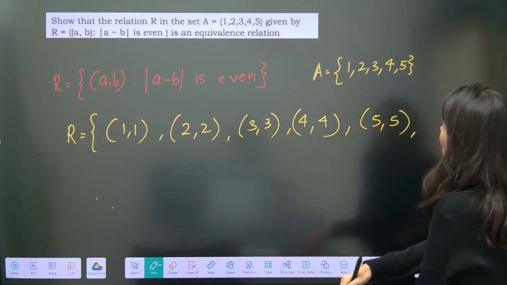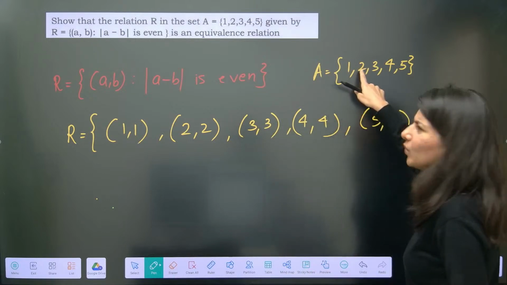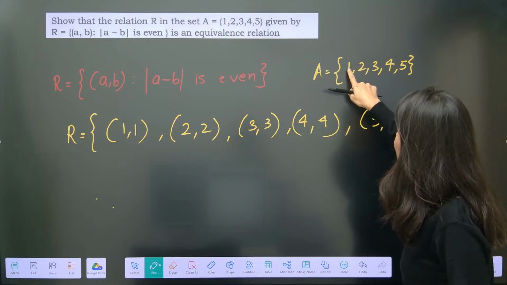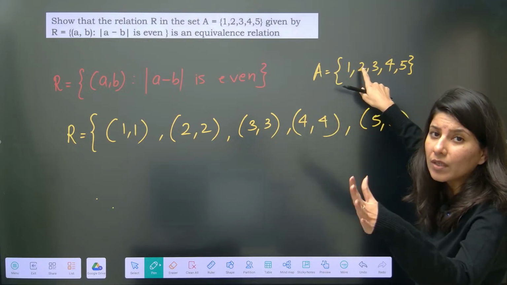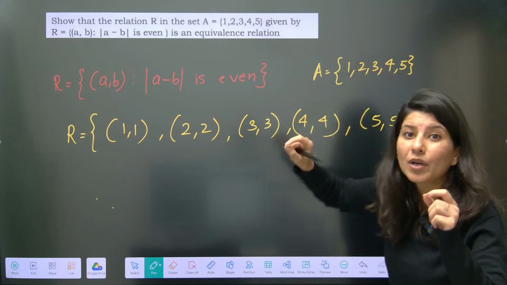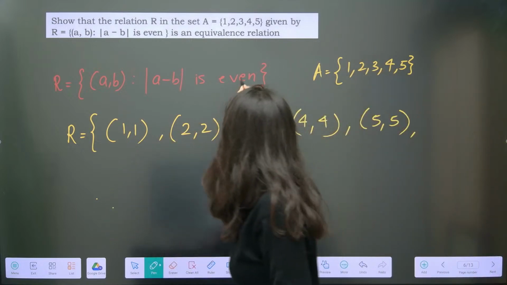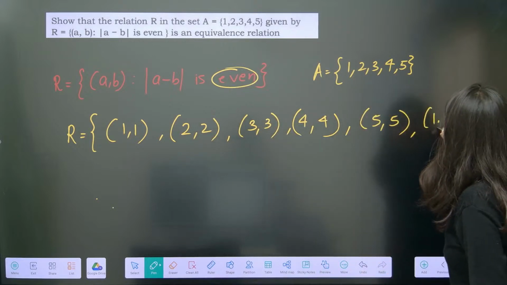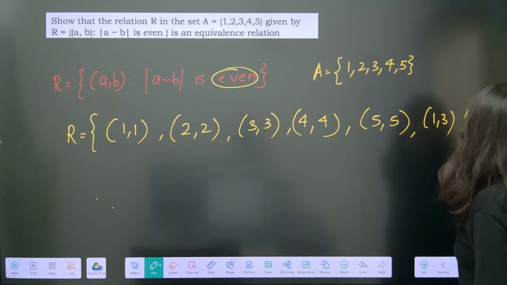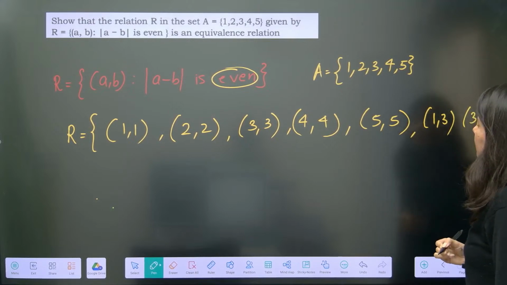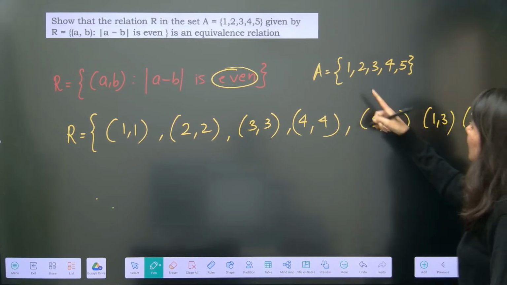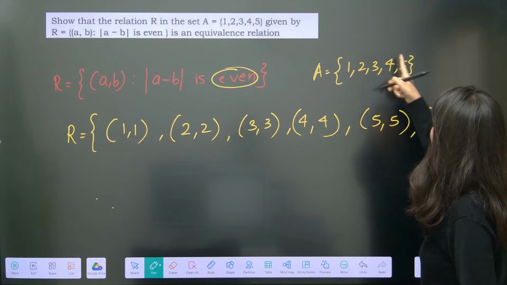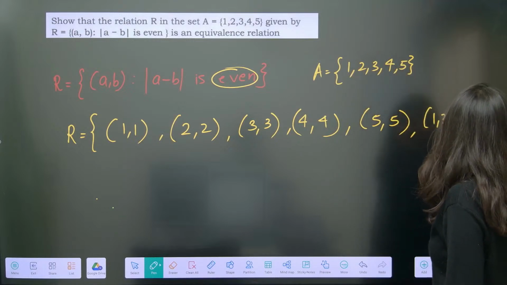Now what if I take (1, 2)? It will not work. If a is 1 and b is 2, 1 minus 2 is -1, which is an odd number. We want the subtraction to become an even number. So (1, 3) will work, and (3, 1) will work. (1, 5) and (5, 1) will also work.